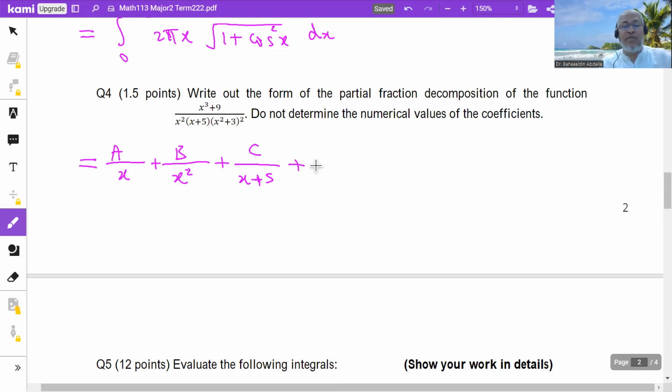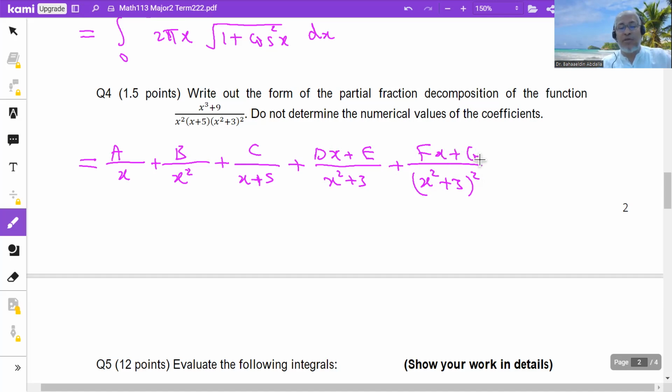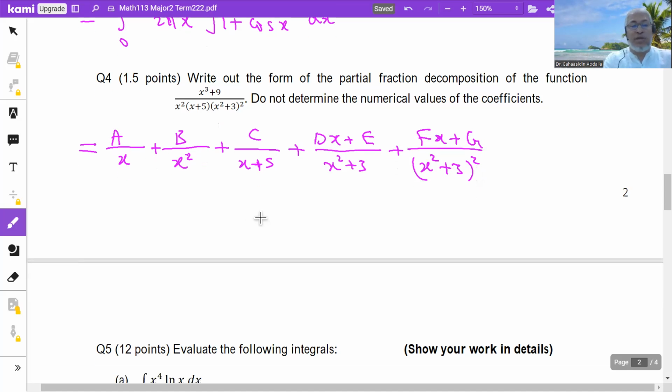Plus, now I have x squared plus 3, so I need Dx plus E, a linear function, plus the repetition, so I have x squared plus 3 squared. So I write another one, Fx plus G, for example. So this would be the decomposition, and that's the answer.